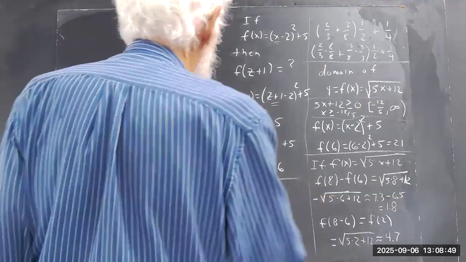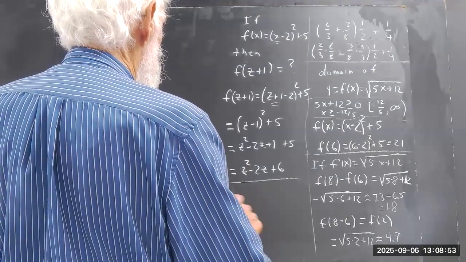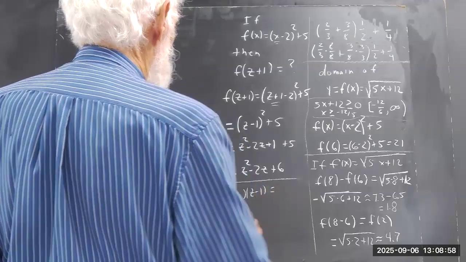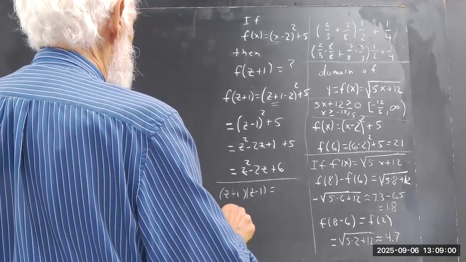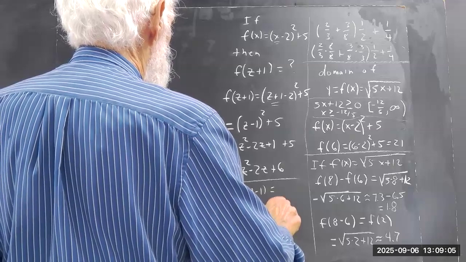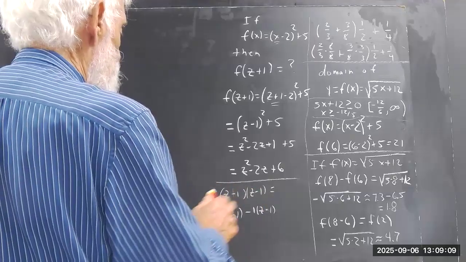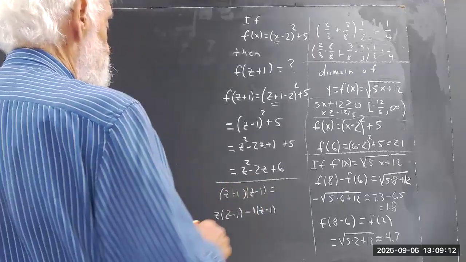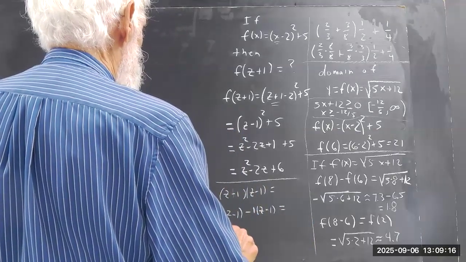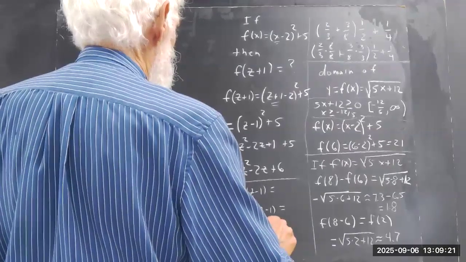Now, I've mentioned distributive law, so I'm going to do this quickly. z minus 1 times z minus 1 equals what? It equals z times z minus 1, minus 1 times z minus 1. I multiply z minus 1 by something, I multiply z by that something, and then minus 1 by that something. And that equals z squared minus z minus the quantity z minus 1.